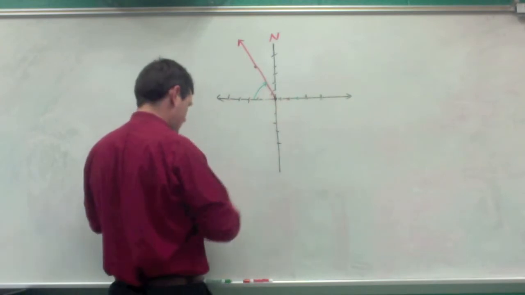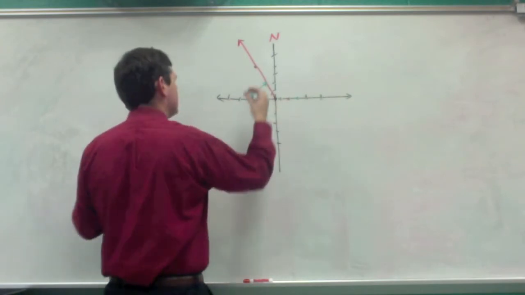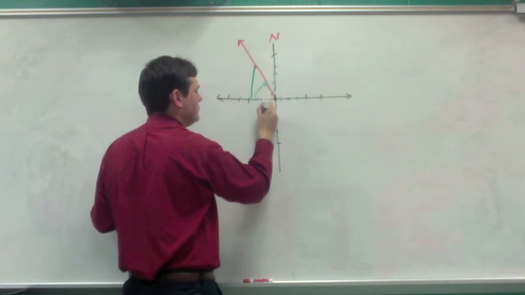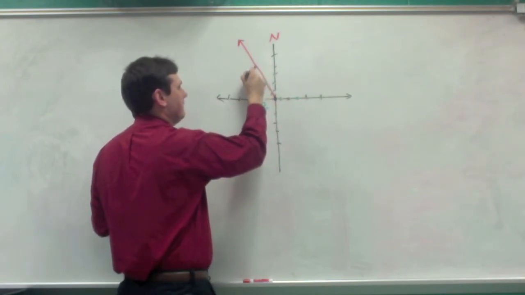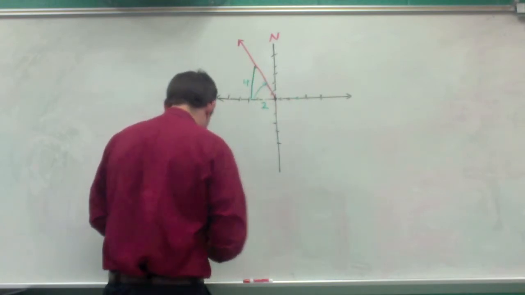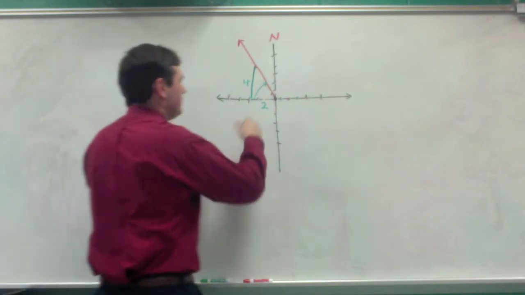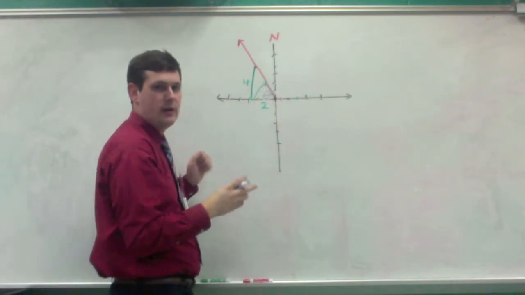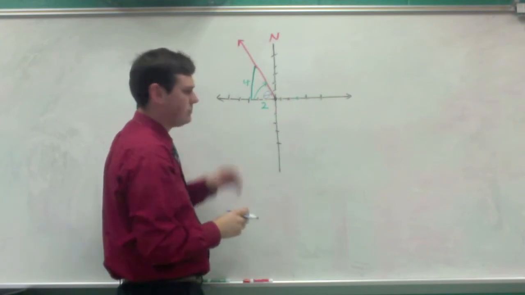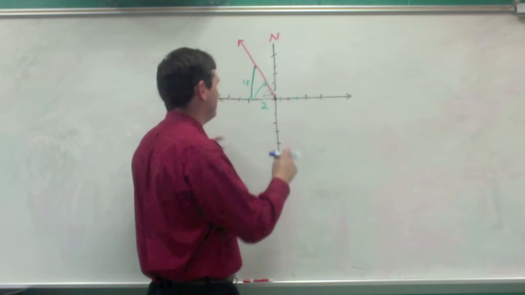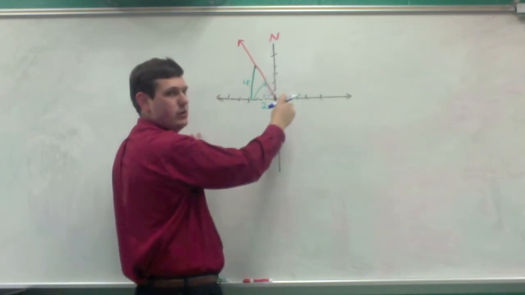Okay, we know this is a triangle whose sides are 2 and 4. So again, we're going to use trig, and again, we're trying to find this angle theta. We're going to be using tangent because we know the opposite side and the adjacent side. We don't need to know the hypotenuse.